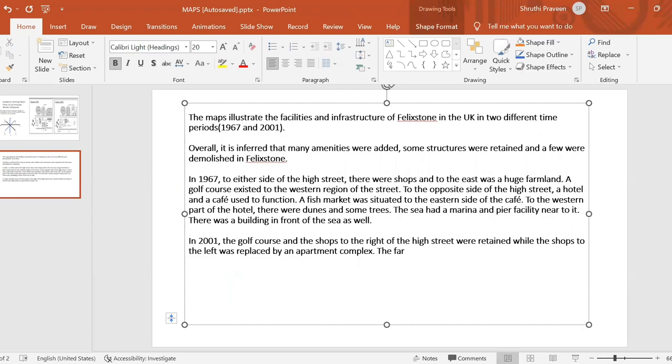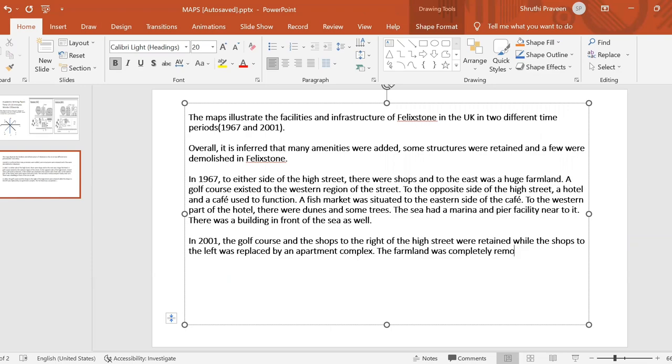The farmland, we have already mentioned the position of the farmland. To the east was a huge farmland. So no need of mentioning the direction again in the second body paragraph. The farmland was completely removed.